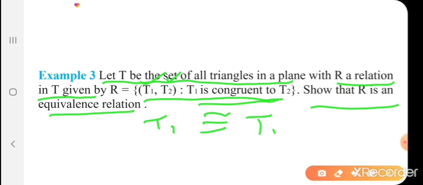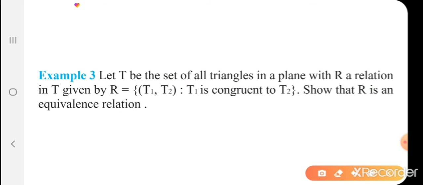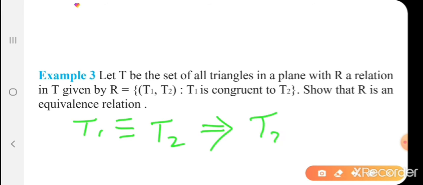Then the second one, you have to show symmetric. T1 is congruent to T2, conversely T2 is also congruent to T1. So T1 is related with T2 and T2 is related with T1. So it is symmetric.